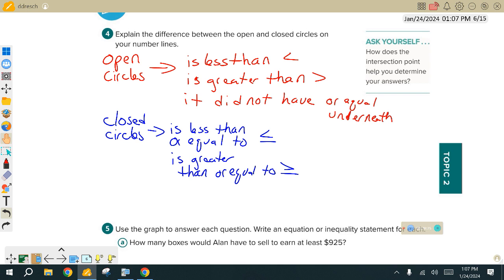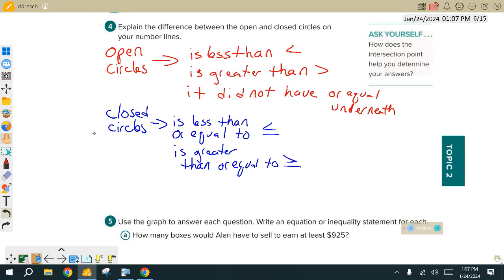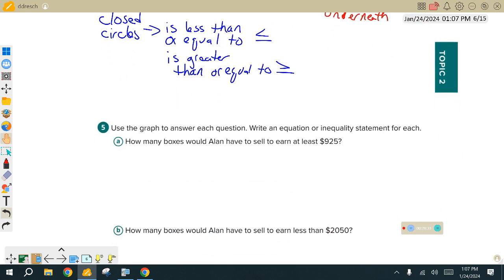What's that going to look like in terms of modifying our equation? What was our equation Alan was using? $3.75 a box plus a $25 credit.